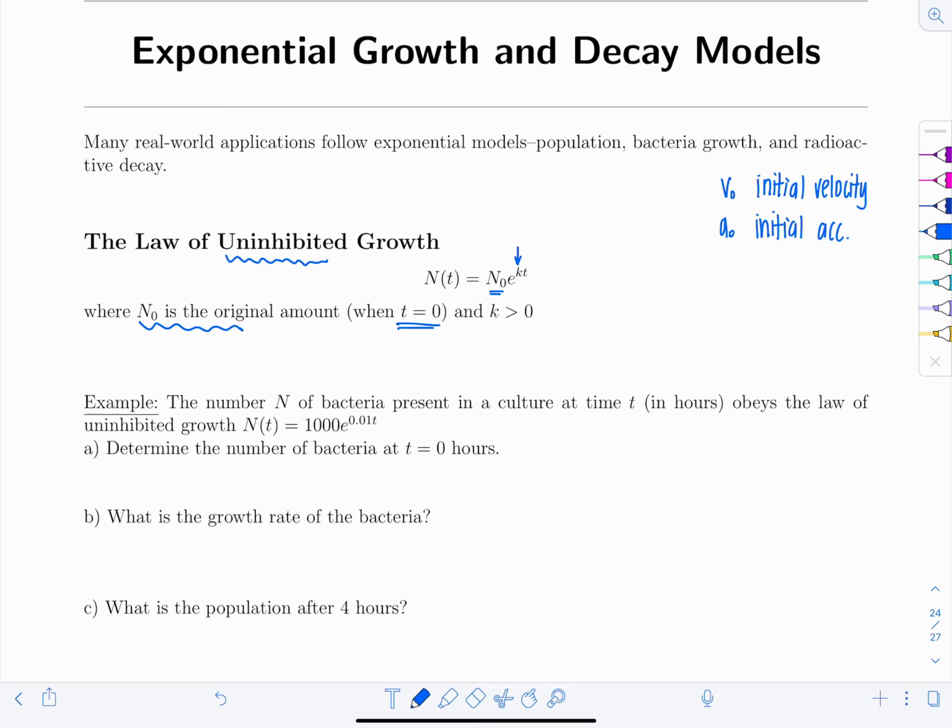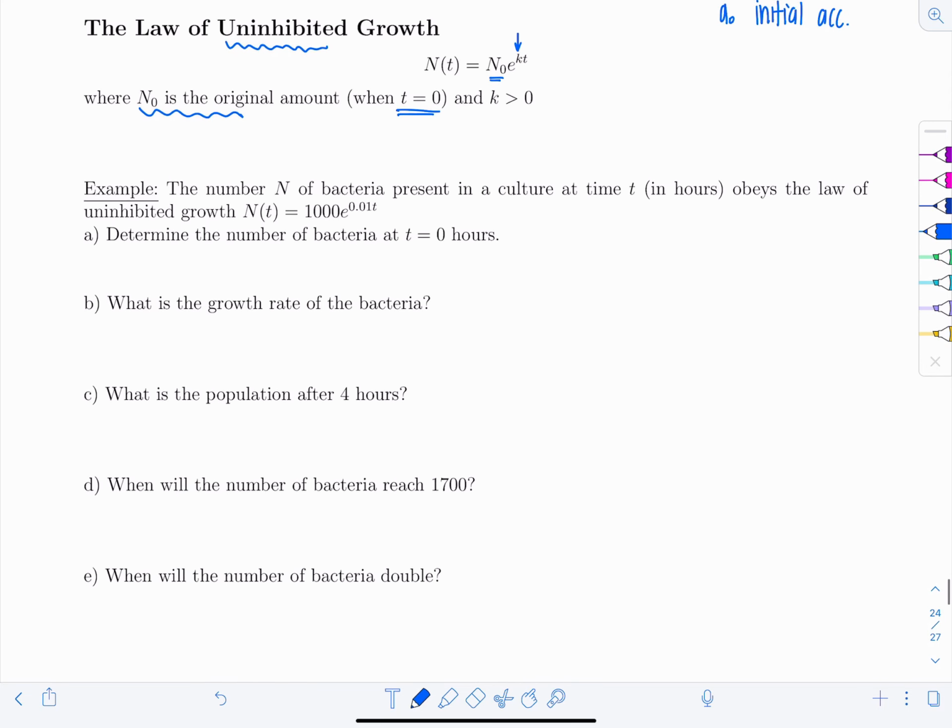Okay, so here's an example. The number N of bacteria present in a culture at time t in hours obeys the law of uninhibited growth. So they're telling us it follows this model, and in fact, they were so nice, they even gave us the equation. Determine the number of bacteria at t equals 0 hours. You can plug it in, or you can just look at the fact that this is N naught, the population when t is 0.